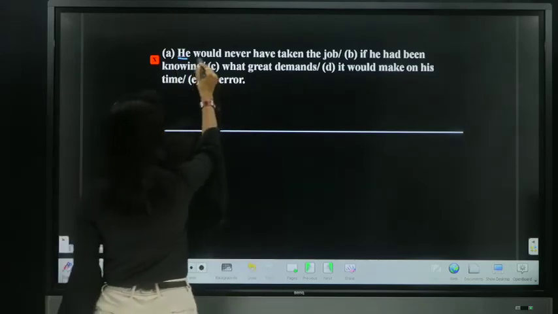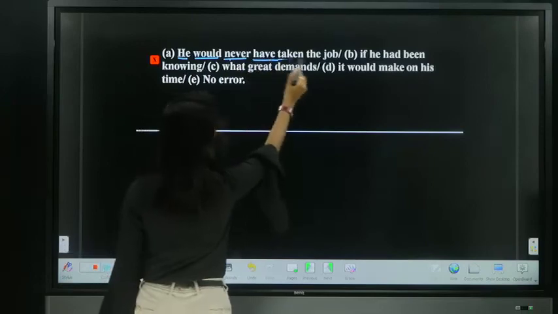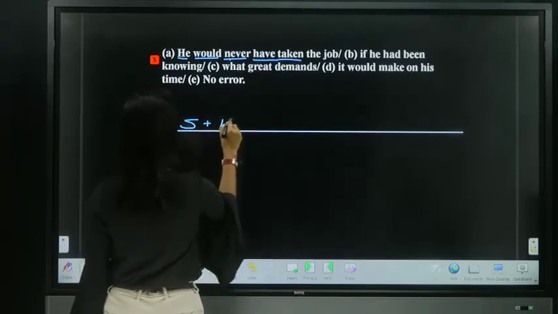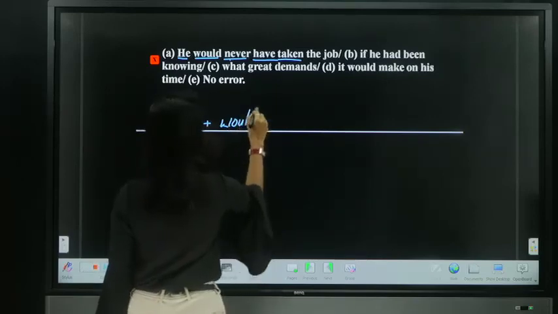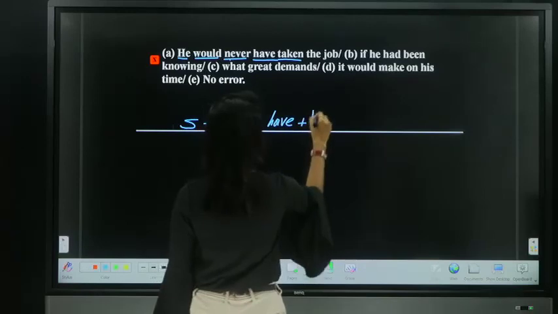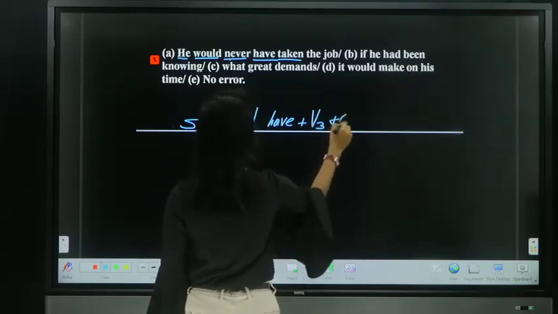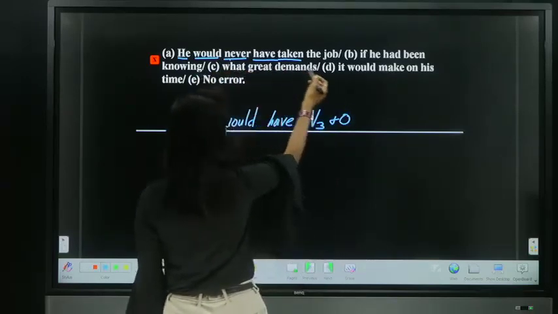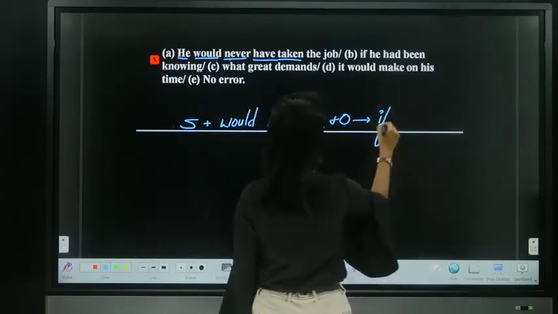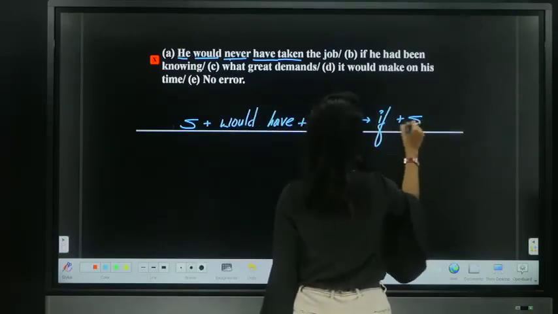He, subject, would never have taken. So, subject plus would have plus V3 plus object. Of course, he would never have taken the job if plus subject.